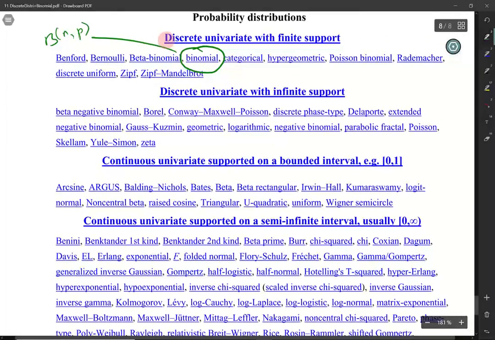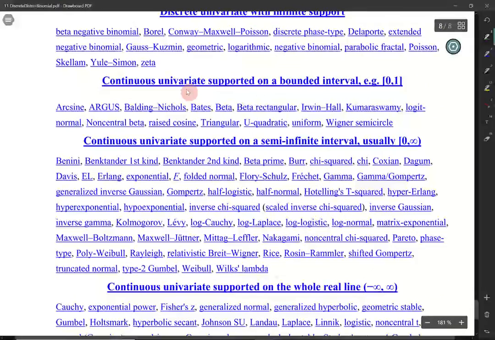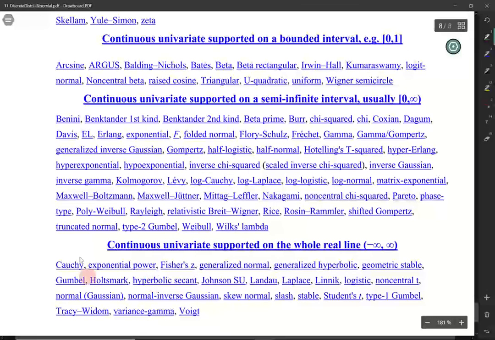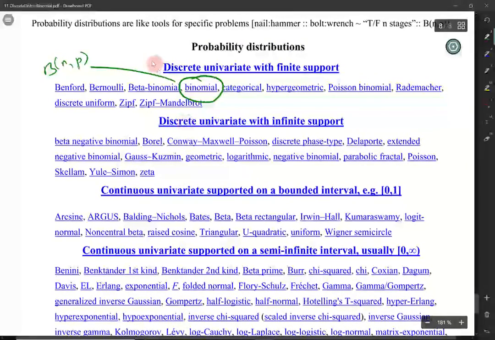The other one that we'll be looking at would be the bounded interval one, down here somewhere, where this would be the normal or Gaussian. So this is next week. These are all probability distributions, like that page we looked at when we did interest rates.